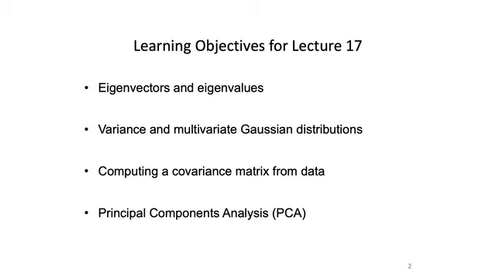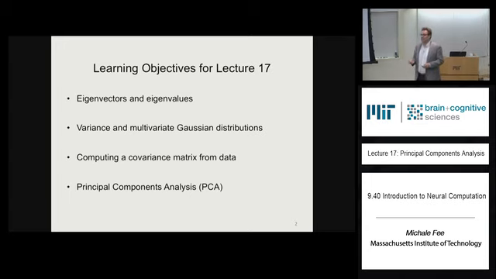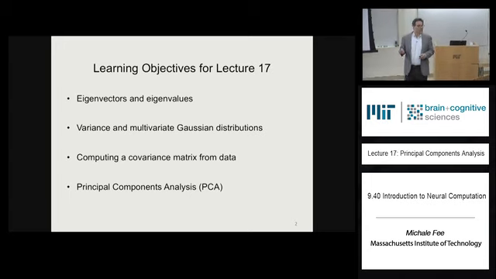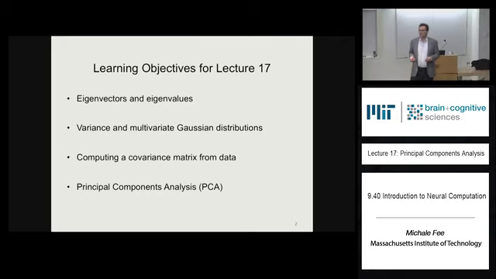So today I'm going to talk to you about eigenvectors and eigenvalues, which are one of the most fundamental concepts in linear algebra, and it's extremely important and widely applicable to a lot of different things.